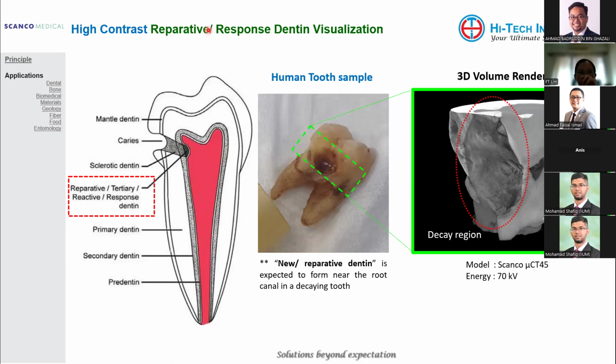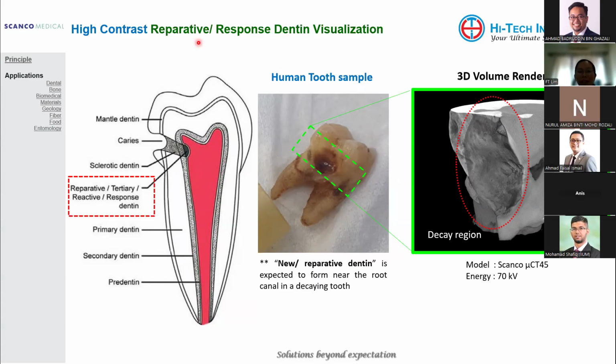So when I do a literature search, basically there is no strong evidence or strong support or publication. There's a very limited amount of publication that actually utilizes MicroCT to look at the reparative or the new dentin regeneration.